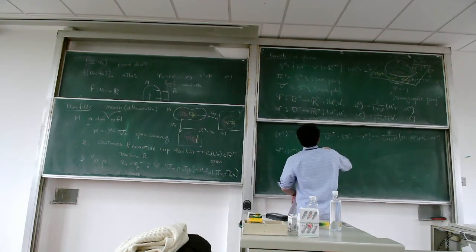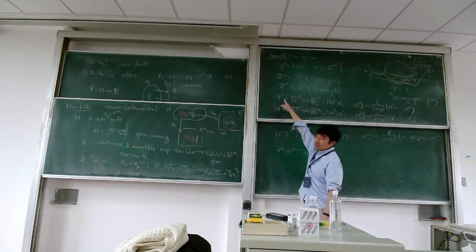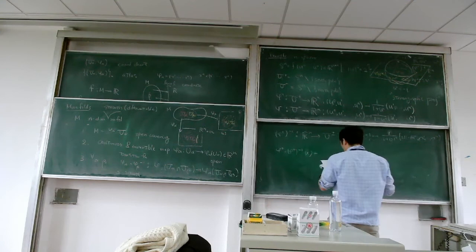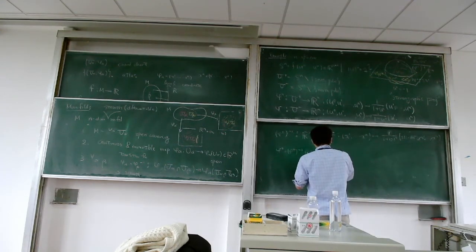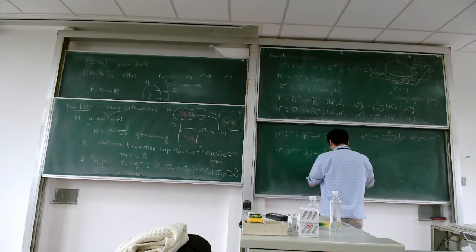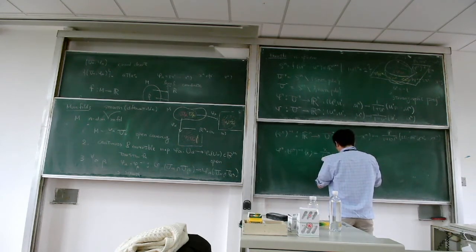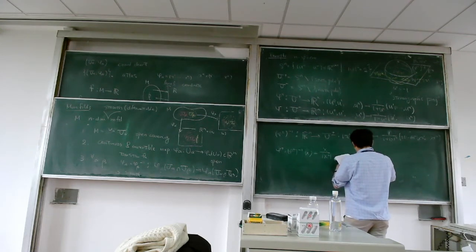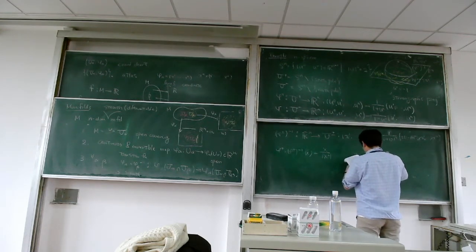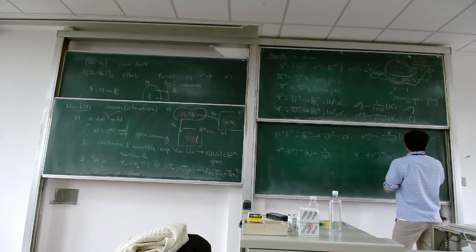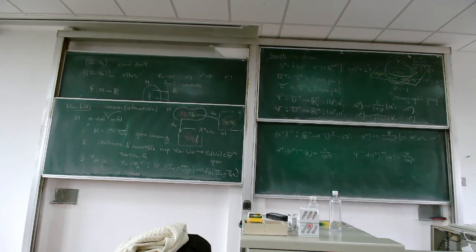You just compose this one with that one. Then what you end up with, this is a good exercise to do, hopefully with no typo. Yeah, this is the map one can define.